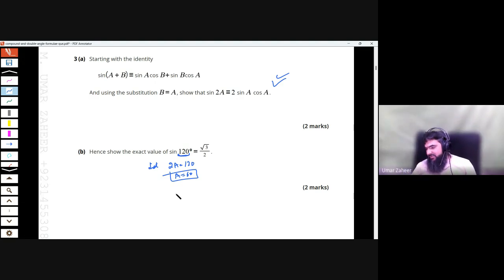So we have to find the value of sine of 2 into 60, meaning A is 60 degrees. That is equal to 2 times sine of A, meaning sine of 60, cos of A, meaning cos of 60. The sine 60 is root 3 over 2. Cos 60 is 1 over 2.